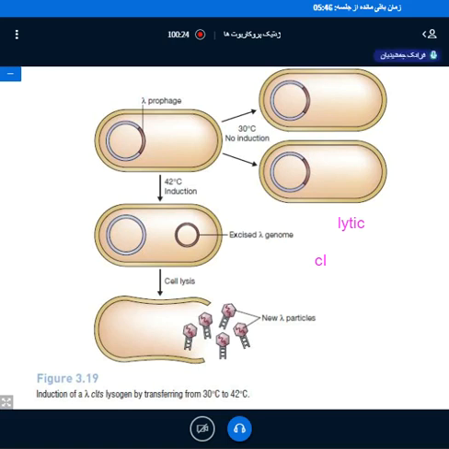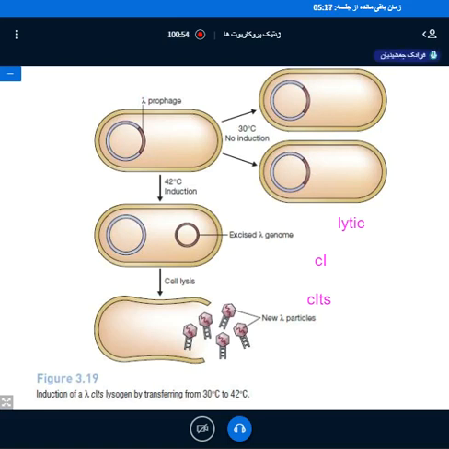If we have the mutation in gene C1, we call it C1 temperature sensitive. What does it mean? It means this gene has the mutation which is sensitive to the temperature.